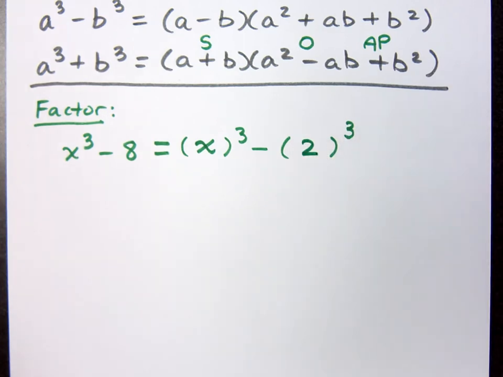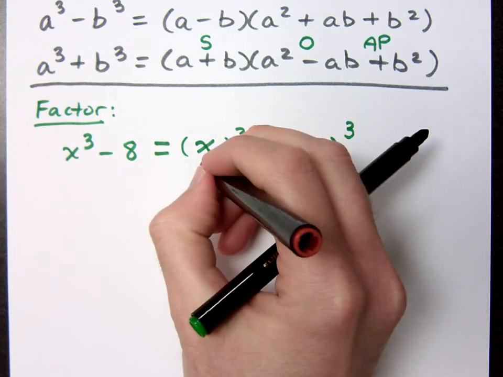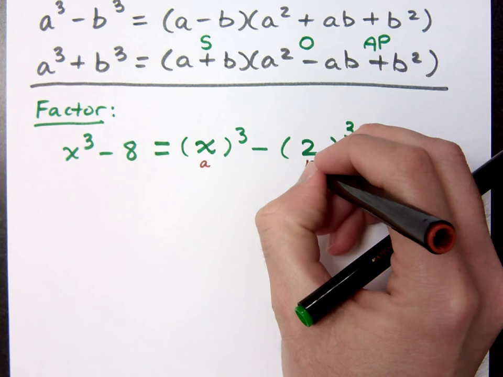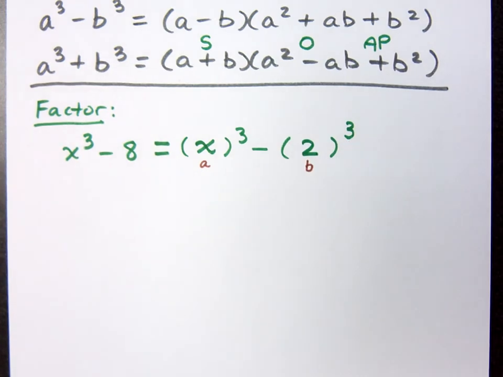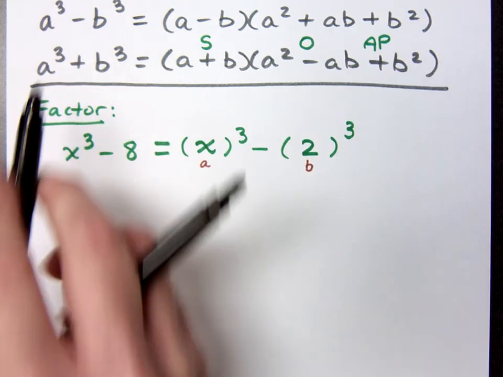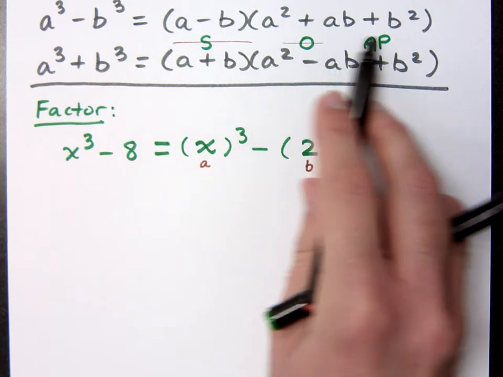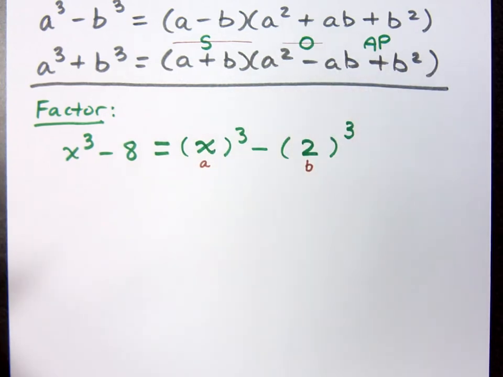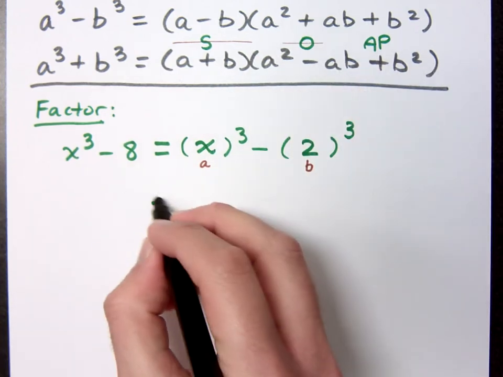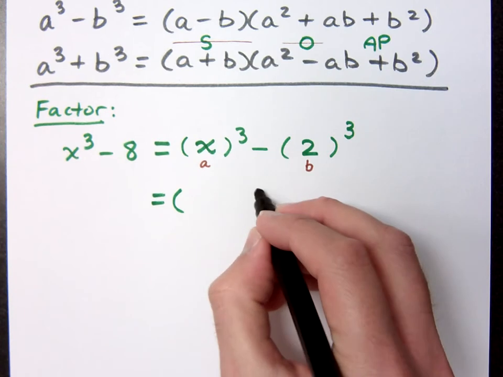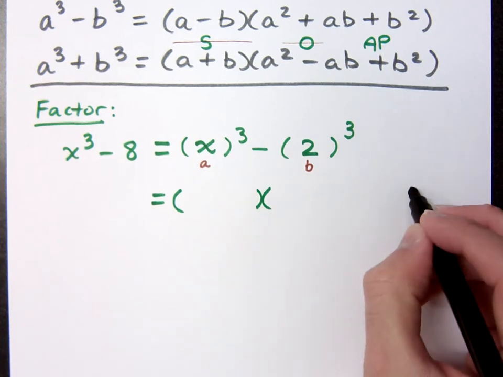So what I'm looking at here is I'm going to look at this guy as being my A, and I'm going to look at 2 as being my B. And if that's the case, I can easily match it up with the formula that I have written here at the top of the page. Okay? So when I factor this, I expect it to factor as 2 sets of parentheses.